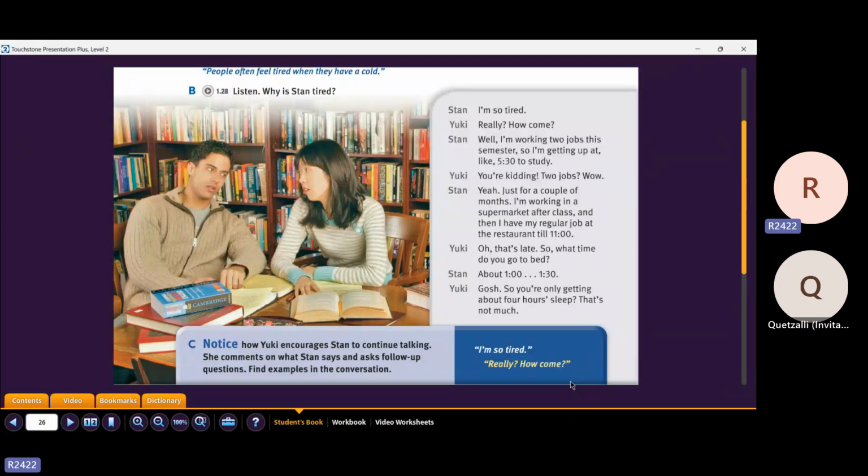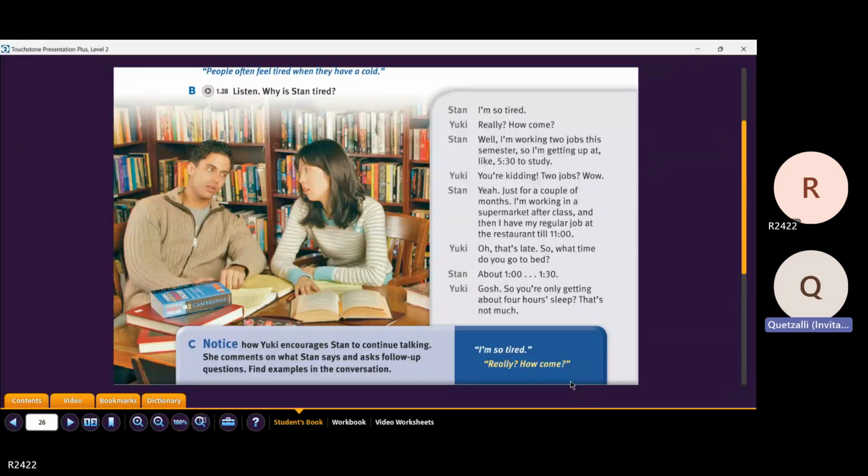Okay, so tell me, why is Stan tired? Because he has 2 jobs and the school. Exactly, he has two jobs and the school, so he spent a lot of time on it, right?